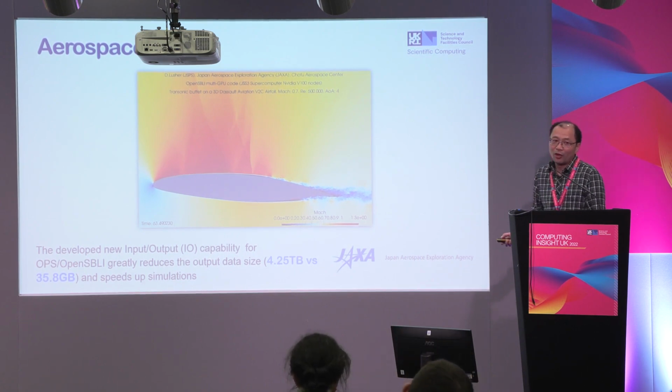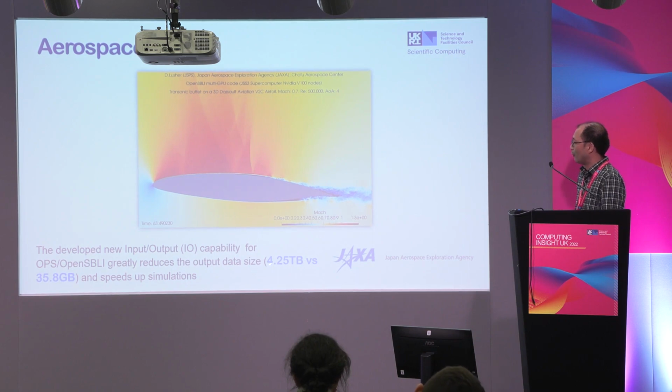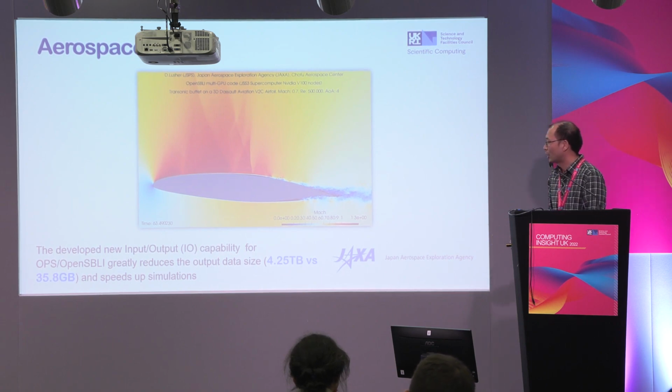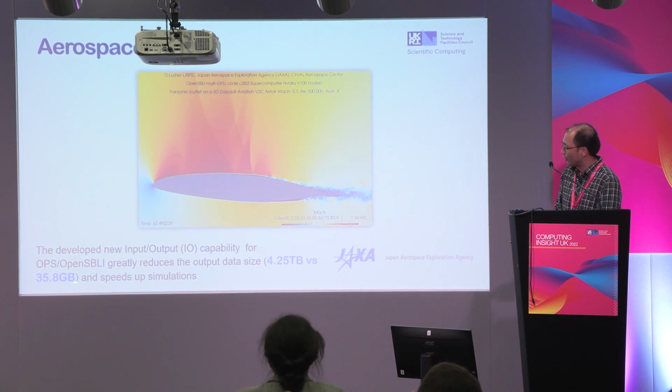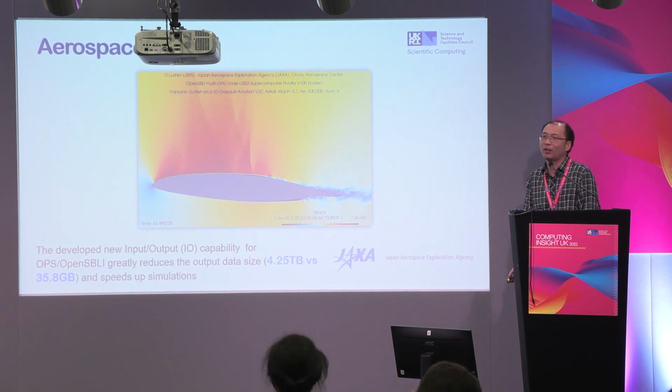If we output all the data, it will be 4.25 terabytes. But if we only output a selection of the data, because for this result we just need a section of the domain, we only need to output 35 gigabytes, which is more than 100 times smaller.